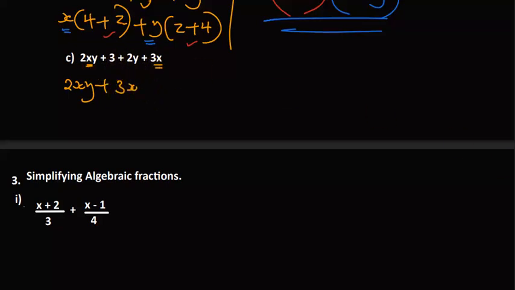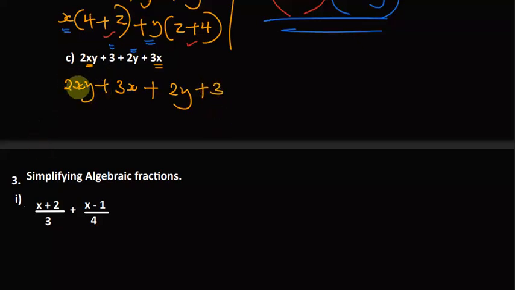Then the other will be, I'm using a different color blue. Definitely the other will remain. So plus 2y plus 3. That is what is remaining.